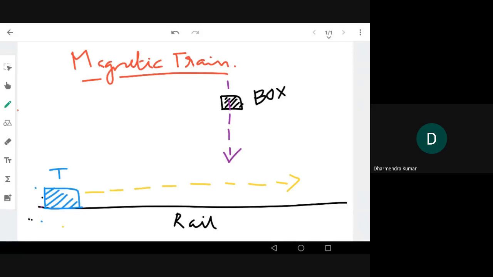Now the task of your control system is to catch this box, right? As soon as the box is going to hit the ground, your train has to come exactly below that point and catch the box so that it doesn't hit the rail, right?